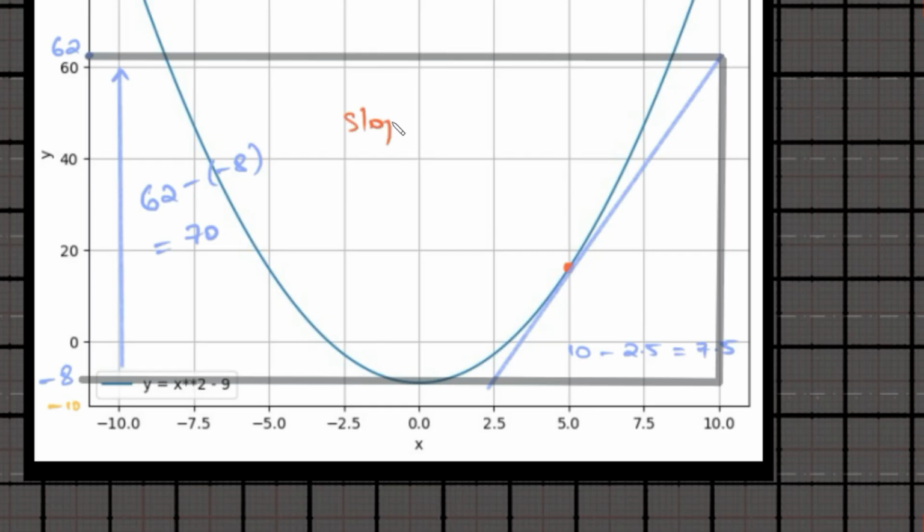So our slope, which is rise by run, is 700 by 75. So this will simplify it to what? 9.3333. So this has a slope of 9.3.